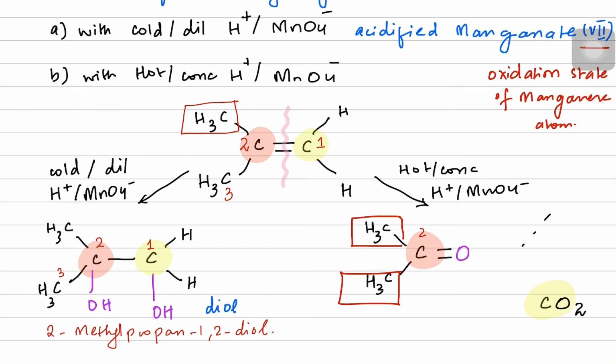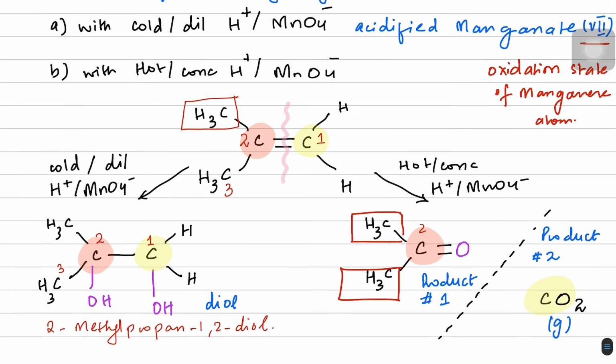So both molecules move away from each other. You have product number 1, which is organic in nature, and then you have product number 2, which is the inorganic gas. So you get carbon dioxide gas, and then the other product is, by the way, a ketone. We'll talk about the naming really quick. Let's have another example.